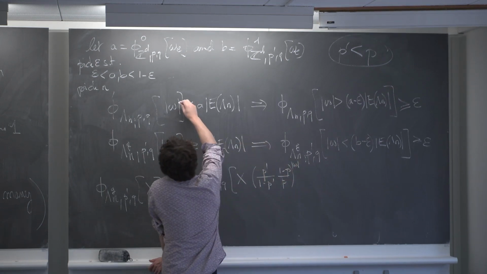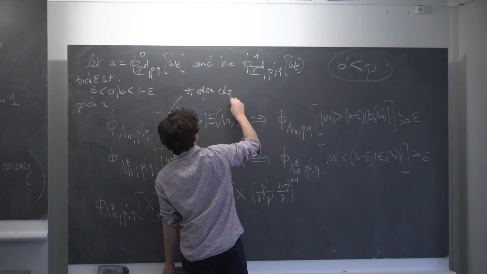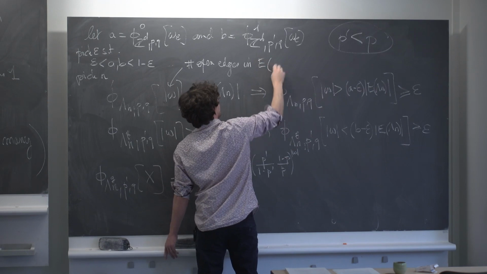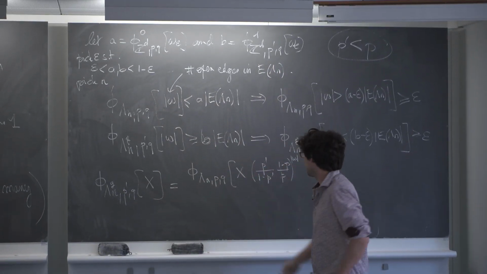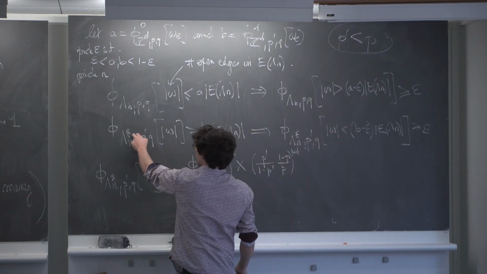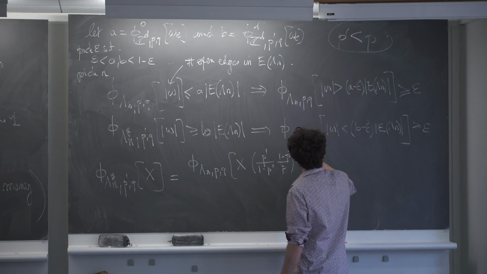So this is the number of open edges in E of lambda n. I'm not counting the open edges of the additional edge connected to the ghost. So this is the first thing I need to do.